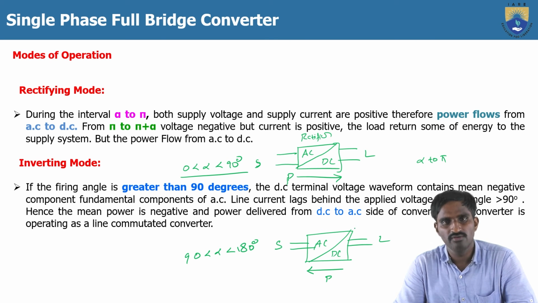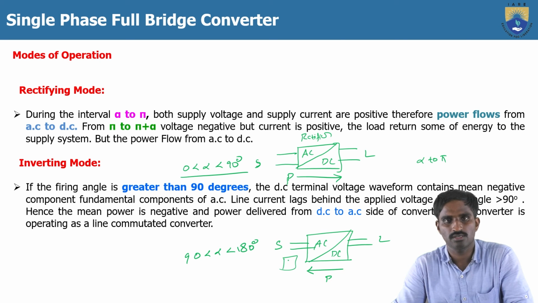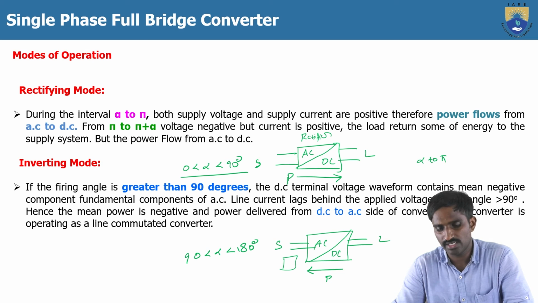This is usually used in the regenerative braking system. While applying the braking, we are regenerating the power, and that power we can utilize by connecting an extra load to the source, or a battery, so that we can collect the power which is supplied by the load.